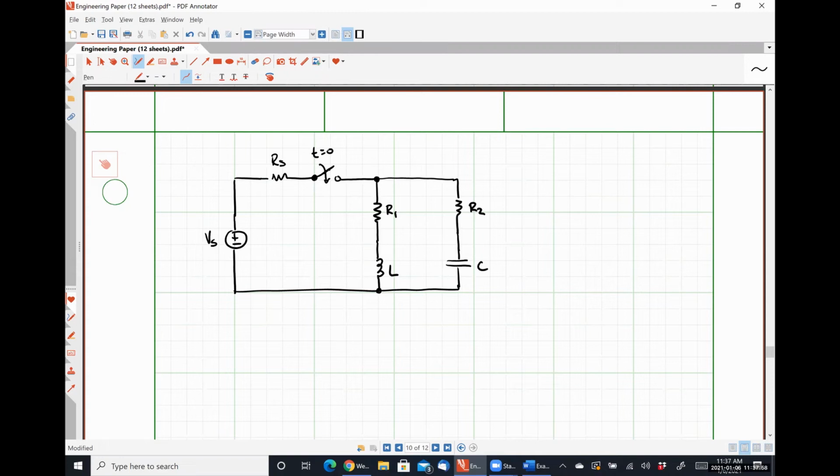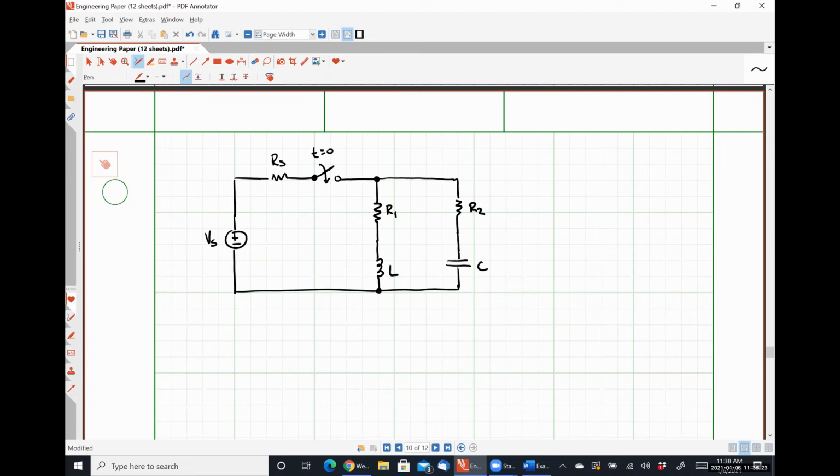But with the switch closing, during the transient condition, with our voltage source turned off, we have this resistor Rs in parallel with the series combination of R1 and L1 in parallel with the series combination of R2 and C, which is not a parallel RLC circuit because they got 2 extra resistors, and it's certainly not a series RLC circuit either.